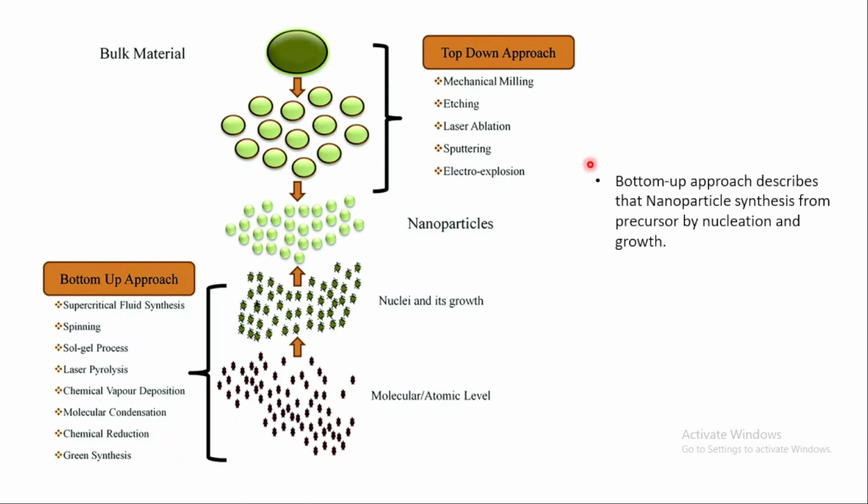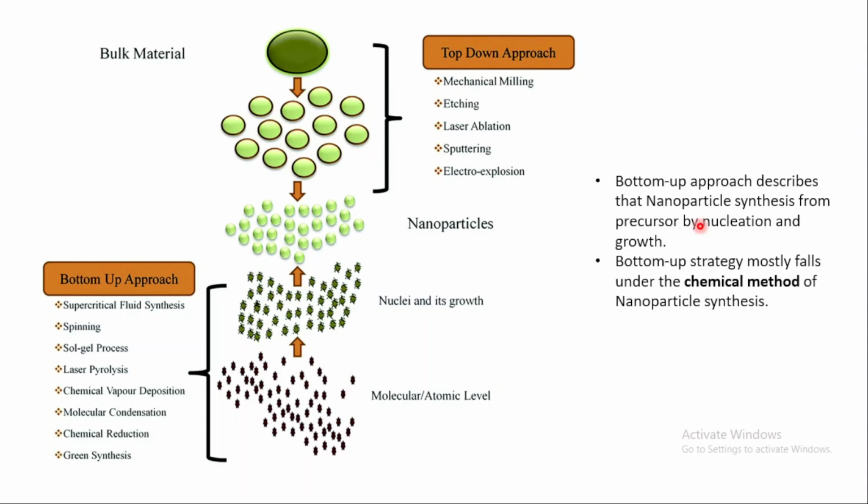So to sum it up, bottom up approaches describe nanoparticle synthesis from precursor by nucleation and growth. So we are starting with a small precursor and then we nucleate it and it grows into our nanoparticle. And bottom up strategy mostly falls under the chemical method of nanoparticle synthesis. So in most chemical methods of nanoparticle synthesis, we start with the precursor molecule, then go through the process of nucleation and growth.